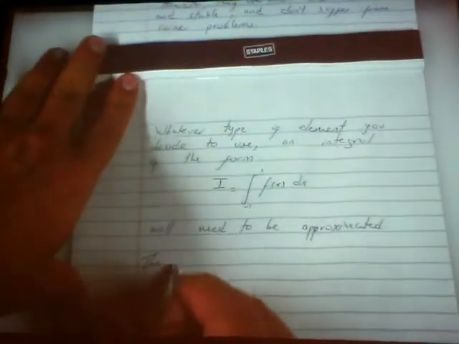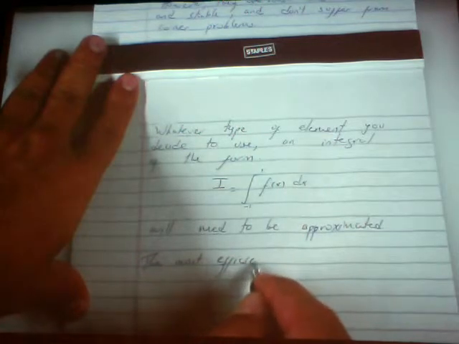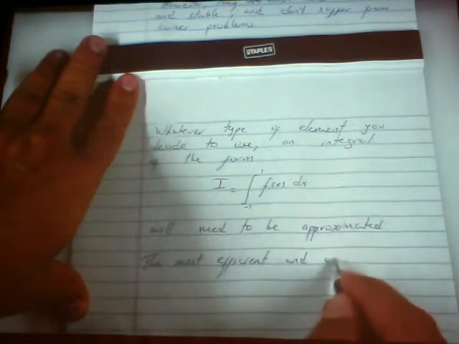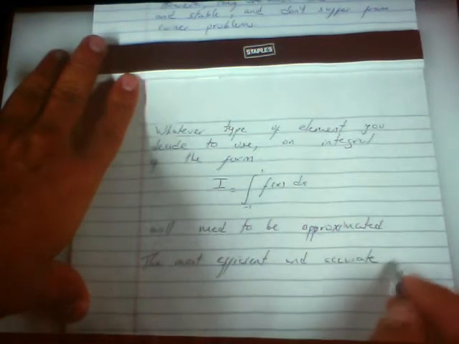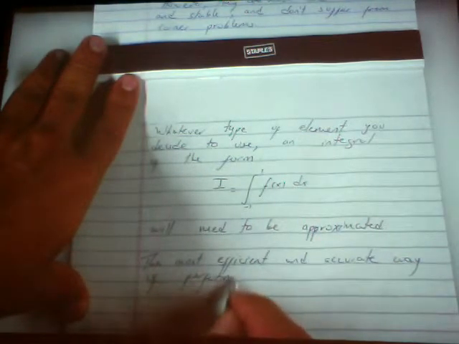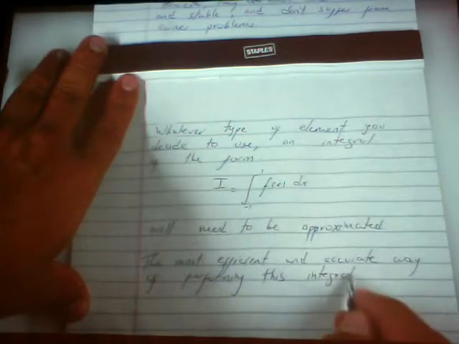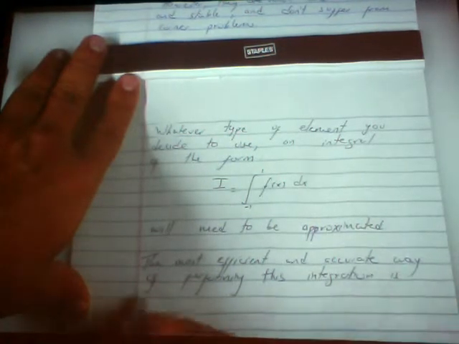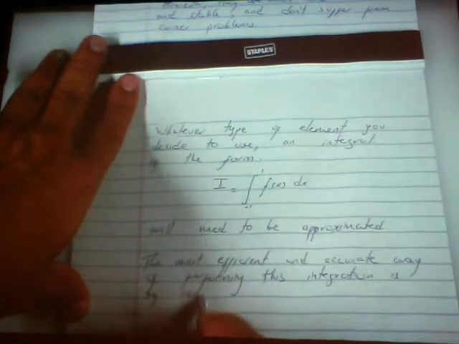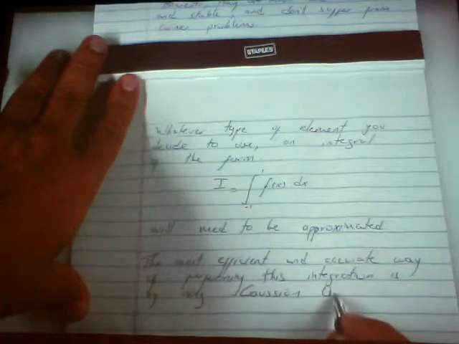The most efficient and accurate way of performing these integrations is by using Gaussian quadratures.